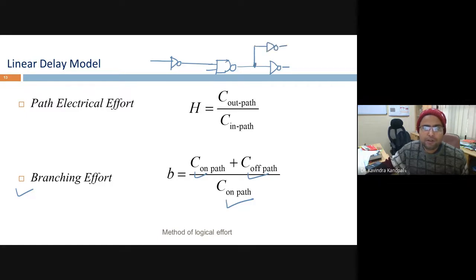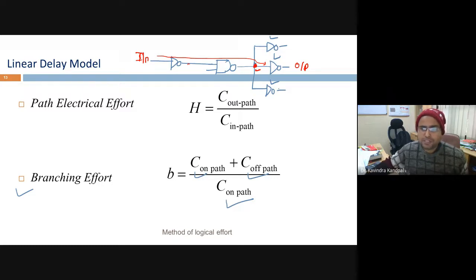Then you have one more inverter here, and these inverters are identical. But your critical path happens to be from input to output. This is the critical path, right? Then you know that at this node there is no branch, but here there is a branch, right?